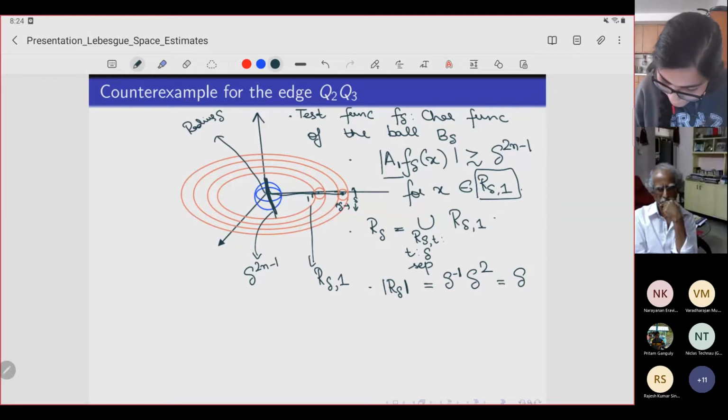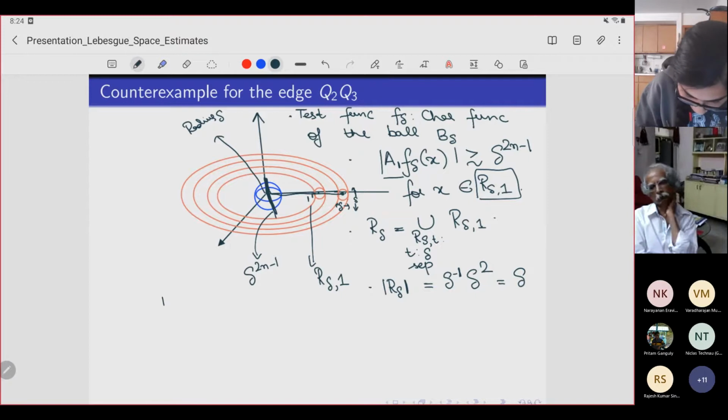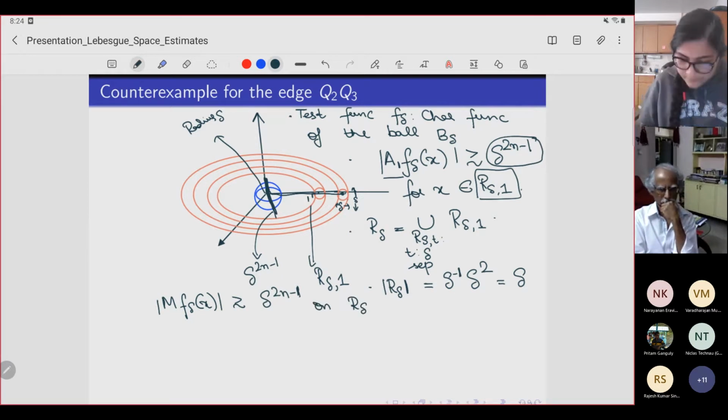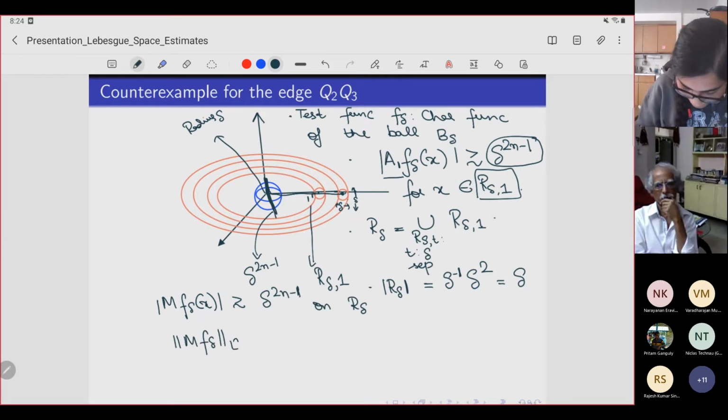Okay. So then basically, when I test my inequality, what I'm saying is that M f delta of x would be greater than or equal to delta to the power 2n minus 1 on this R delta. Now when I test my inequality, this is what I want: the L^q norm of M f delta less than or equal to the L^p norm of f delta.